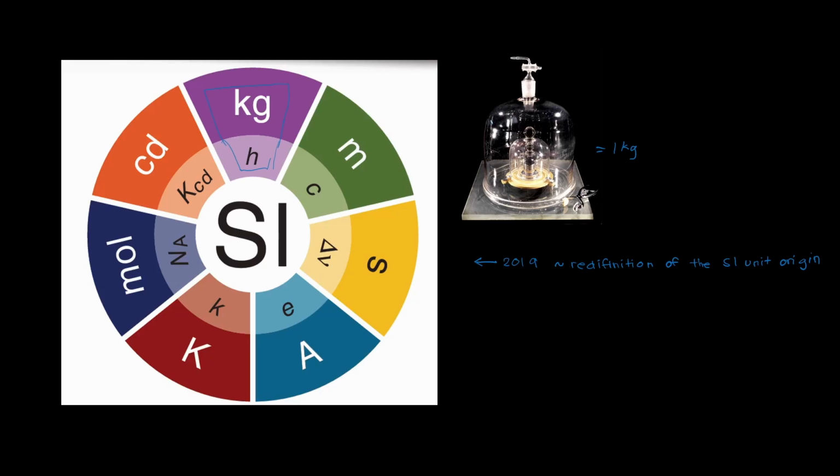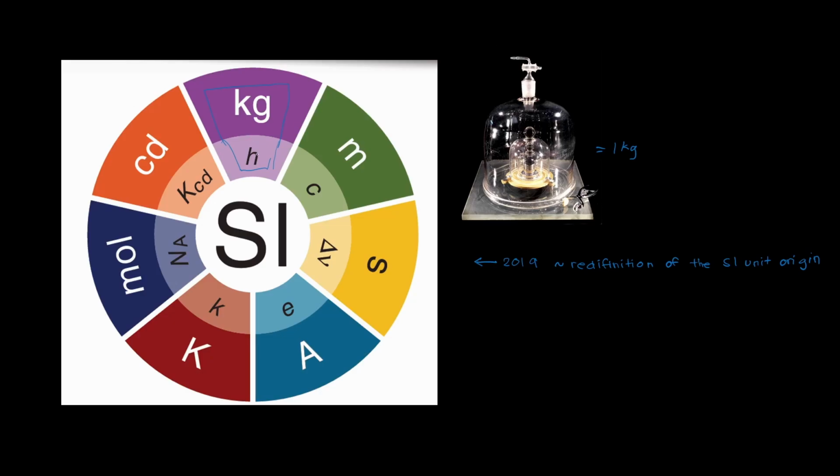Planck's constant is a physical law. So rather than a physical object, this is a better reference because it's a physical law. It is not going to change, and this makes the unit stable, universal, and reproducible anywhere in the world.